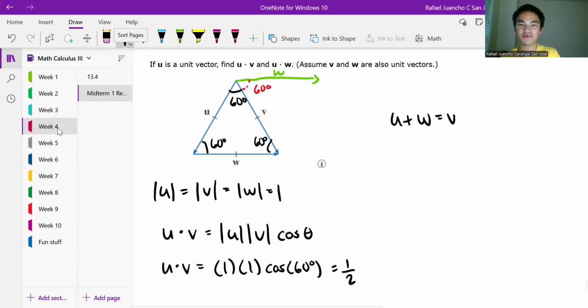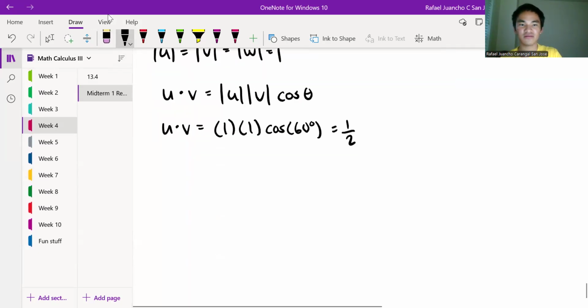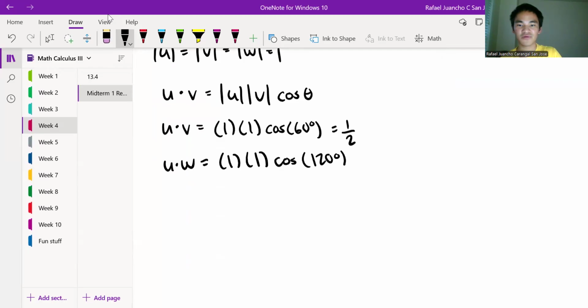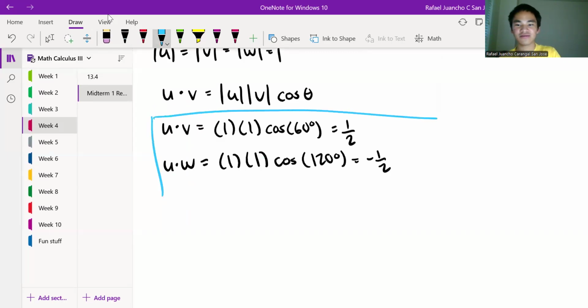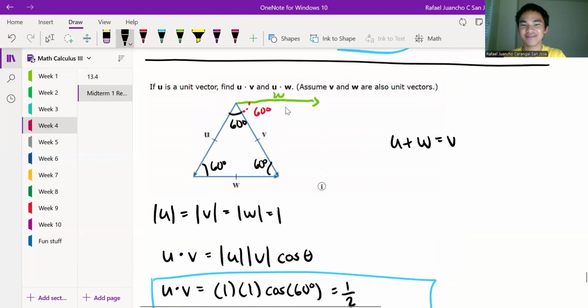So the dot product of these two is cosine of their angle, 120. Their lengths are 1, so that's negative 1/2.